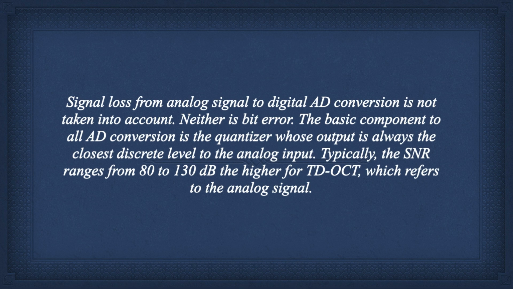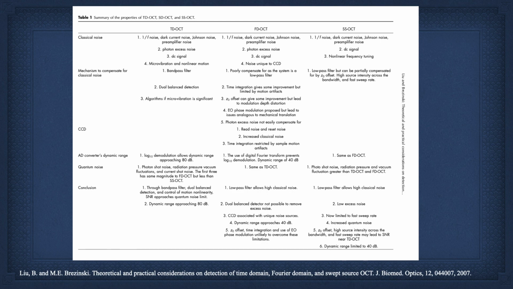This is covered a lot, and I'm going to give you references in those chapters. The errors are large, and this is out of one of our papers comparing noise and things that artificially influence the signal between the three types. The references are there, and it's also covered in the book.